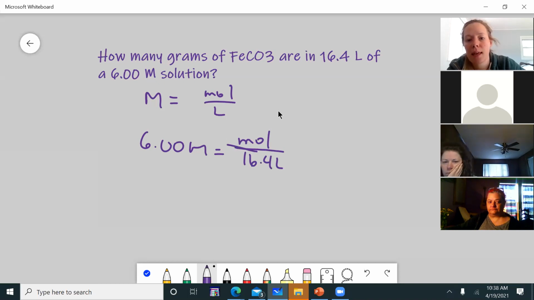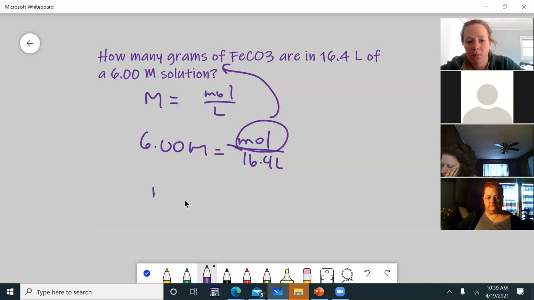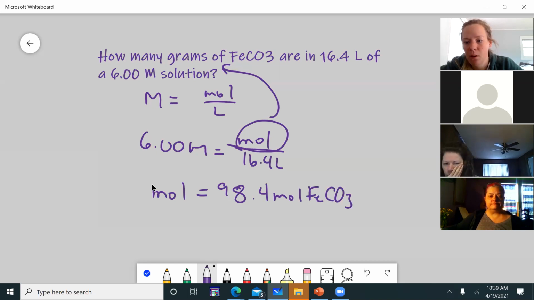If I figure out moles, then I can figure out grams, right? So I'm going to take my molarity and multiply it by my volume. So 6 times the 16.4 gives me a mole value, 98.4 moles, specifically of FeCO3.